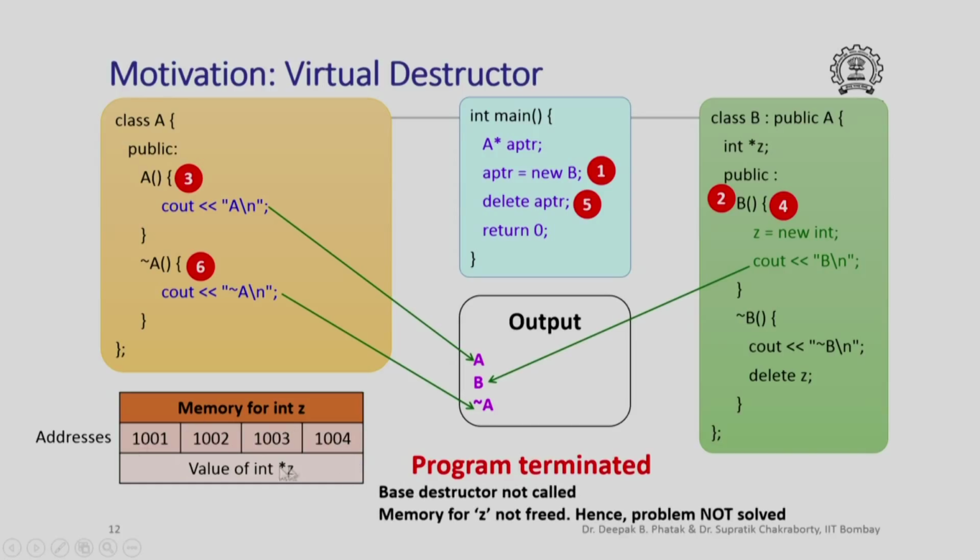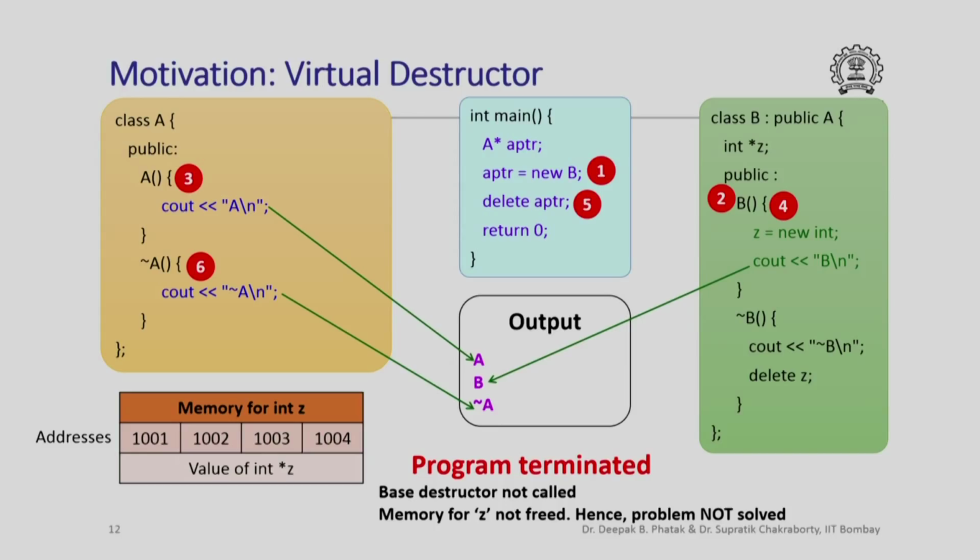The memory for Z is not freed, and therefore our problem is that we wanted to free up this memory when we call delete APTR, because APTR was really pointing to an object of class B, and in the constructor for B we had allocated an object for this integer. So when we call delete APTR, we wanted to free up that integer. We do not want this allocated object of class B anymore. So we wanted to free up the space allocated for that integer, but that does not happen if I use a normal destructor for the class A like we have seen all throughout.